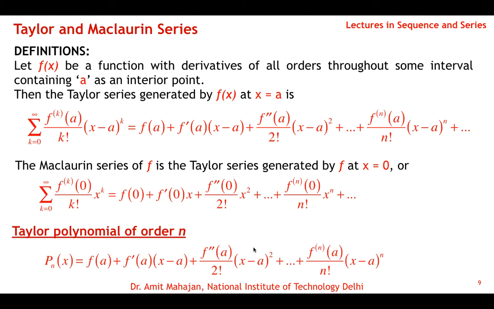And you can see that if you just calculate the first order polynomial from the Taylor series, then it is f of a plus f dash a times (x minus a), and from calculus we know that this is nothing but the linearization of the function. So we can approximate the function by its linearization, which we already did in calculus.